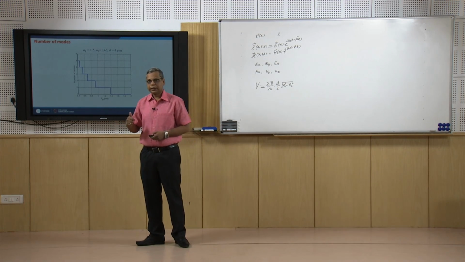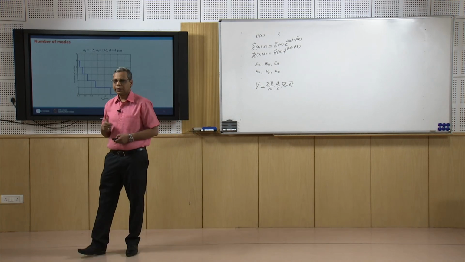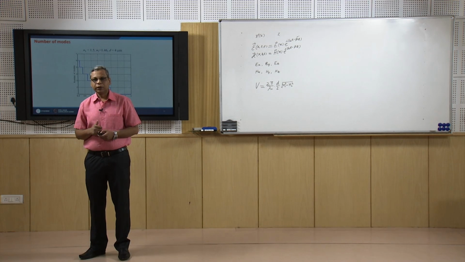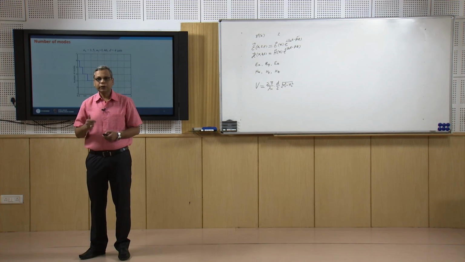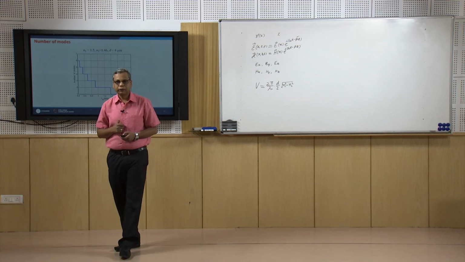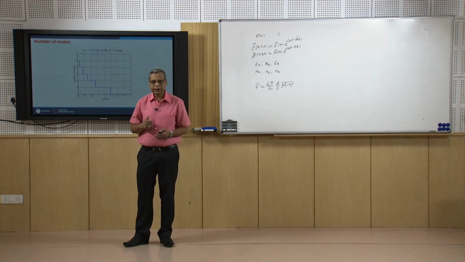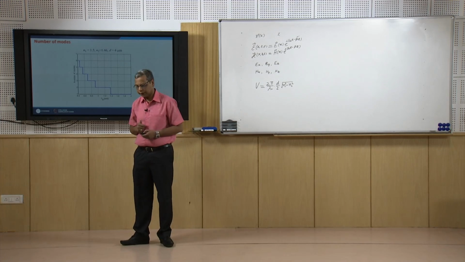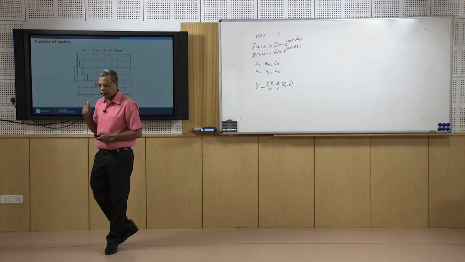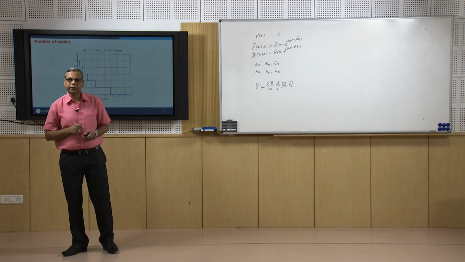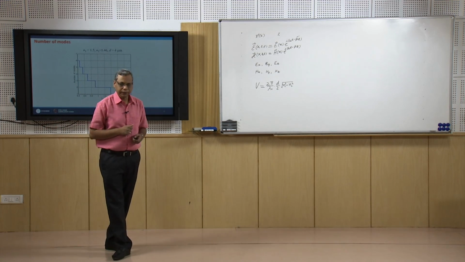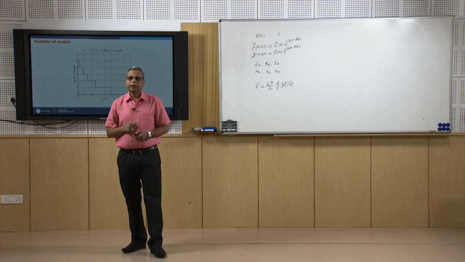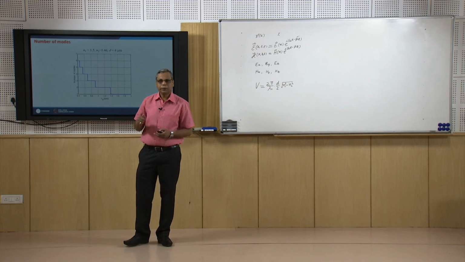Okay. So, in the next lecture we would look into the modal fields, and before that in fact I would also like to define these transcendental equations in terms of normalized parameters. We have already defined one normalized parameter, which is normalized frequency V. I would like to also define a normalized parameter with respect to propagation constant.